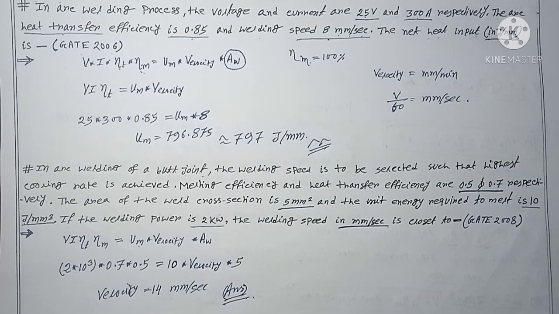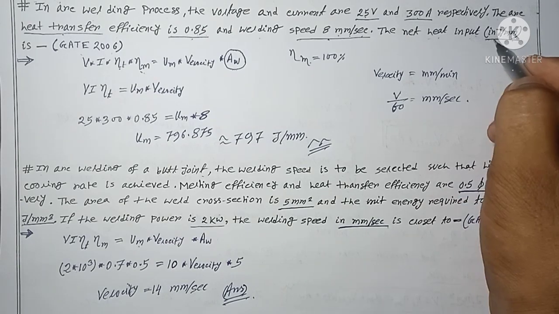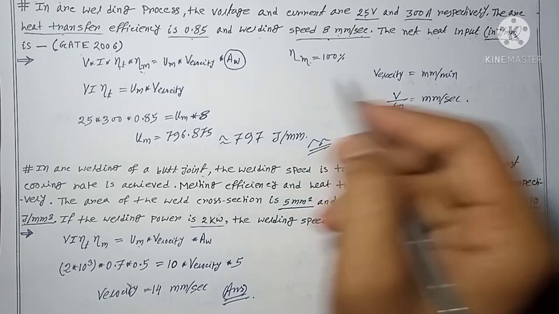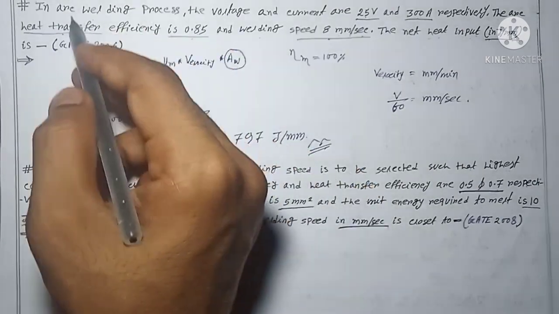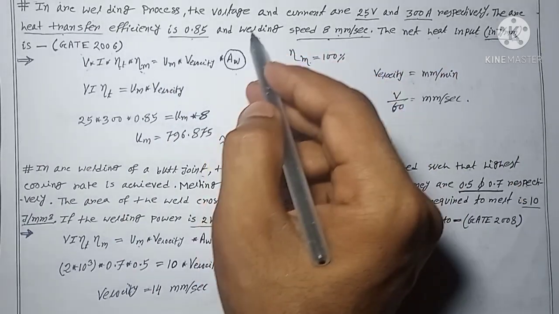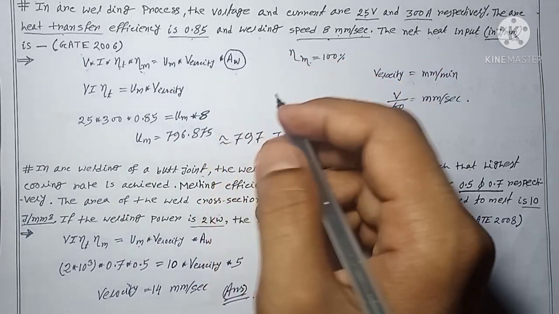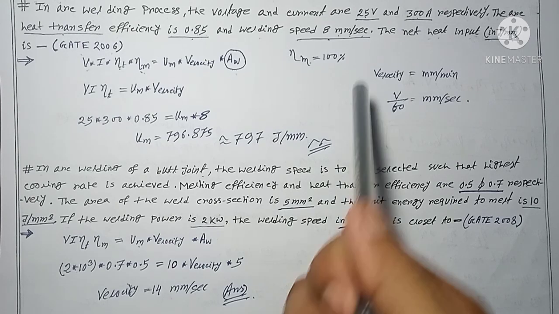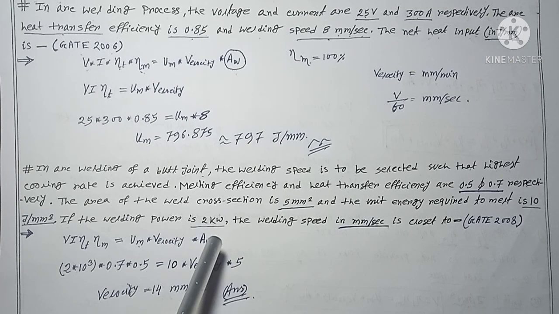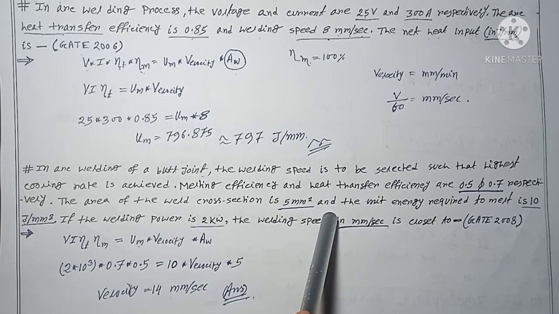You have to be careful about these two things. Otherwise, if you remember the whole equation, you will look for the weld cross section area but will not find it, and you will think the question is wrong, but it is not like that. So I think you got the whole idea of how to solve such questions, depending on the availability of the data.